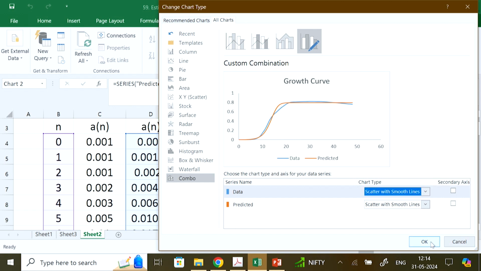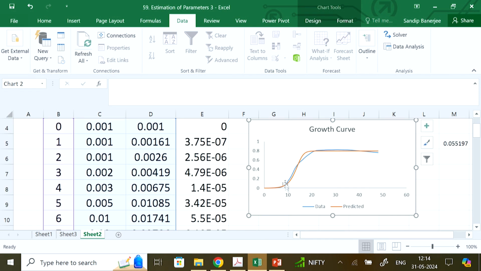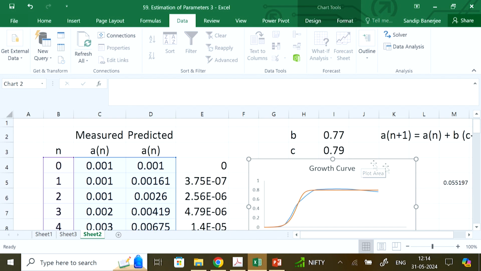Yeah. So if I just change it from dots, you can see that the blue one is the data and the orange one is the predicted. It's a pretty good match, and the values are 0.77 and 0.79 for B and C. B is the intrinsic growth rate and C is the carrying capacity.